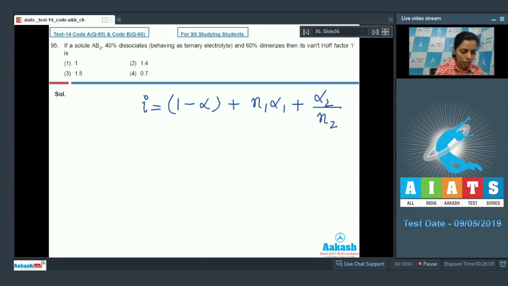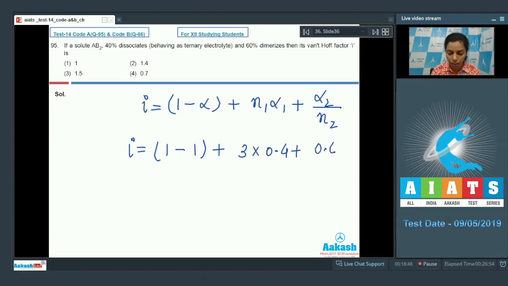So in this case, i becomes 1 minus 1 when 100% dissociation is assumed, plus n1. It means ternary electrolyte it is. It means 3 ions are formed by the one single species. So further multiply alpha 1, that is 40%. 40% means 40 by 100, 0.4, plus alpha 2, that would be 60%, 0.6 we can take, and combination of two molecules to give rise to a single molecule is there, it means n2 is 2.